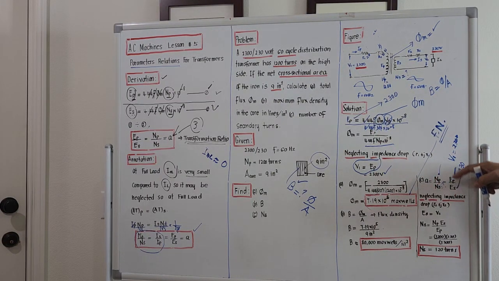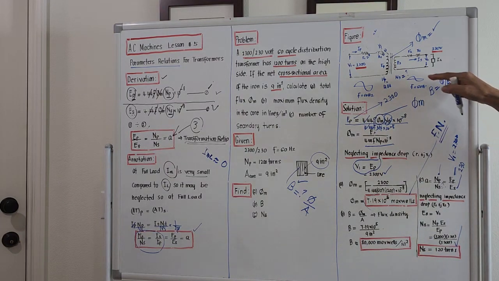From this equation, the only unknown is NS. So NS will be NP times ES divided by EP. Substituting values, the number of turns on the secondary will be 120 turns.